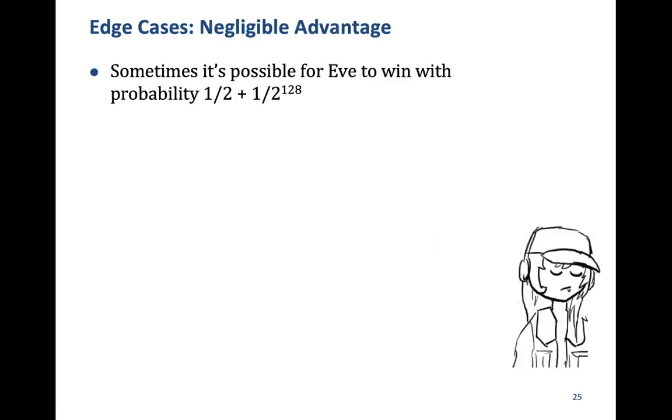Okay, so for example, sometimes it's possible for Eve to win with probability of 1/2 plus (1/2) raised to the power of 128. Now note that this is a very small number. 1/2 raised to the power 128 is a very, very small number. So this probability is close to half.